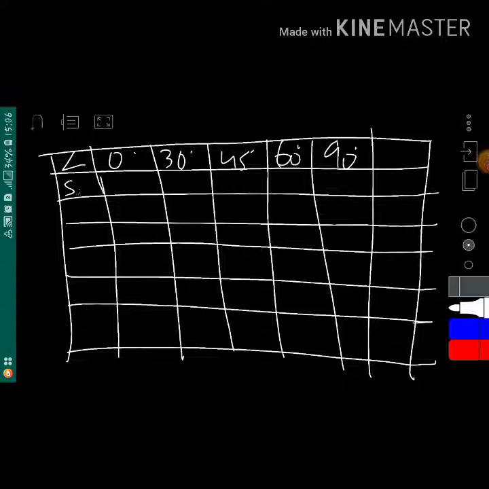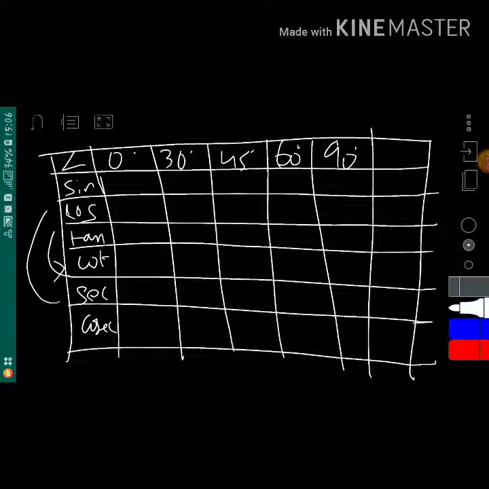Correct, right? Okay, fine. Sine, cos, tan, cot, sec, and cosec. So as I said earlier, tan opposite is cot, cos opposite is sec, and sine opposite is cosec. So this becomes much easier.